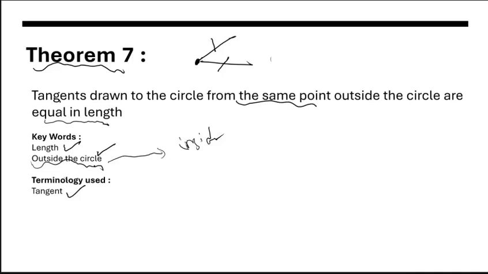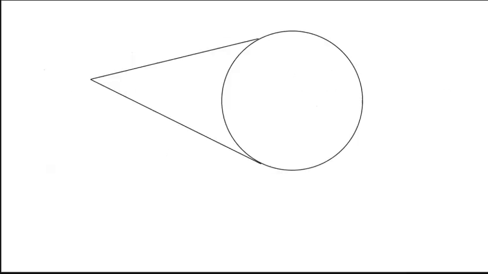And then the terminology that was used was tangent. And we know that a tangent is a line that touches a circle, or the circumference of a circle, at one distinct point. Now this theorem forms an ice cream. So this is the ice cream theorem that you're going to remember it with.